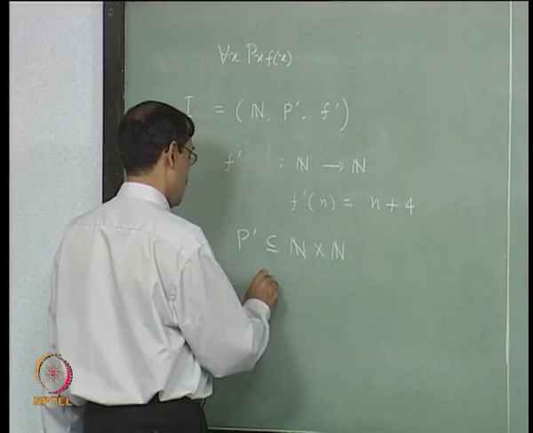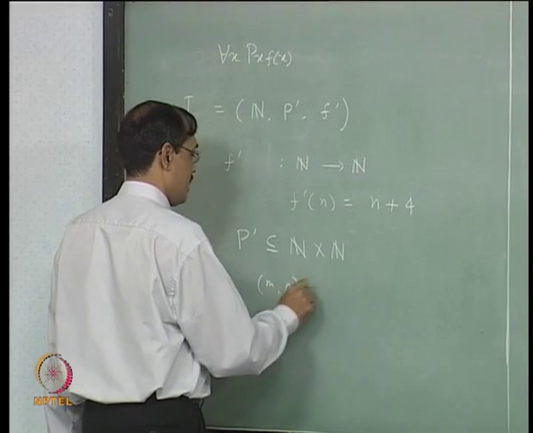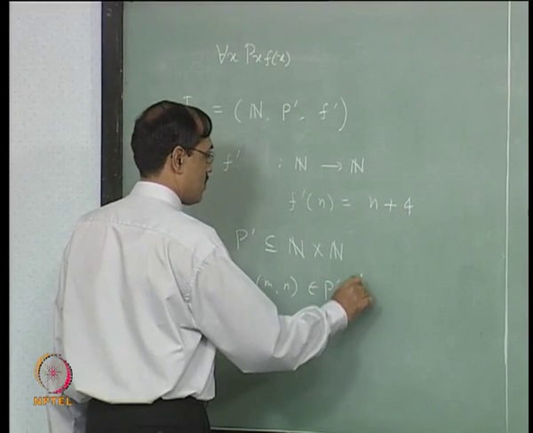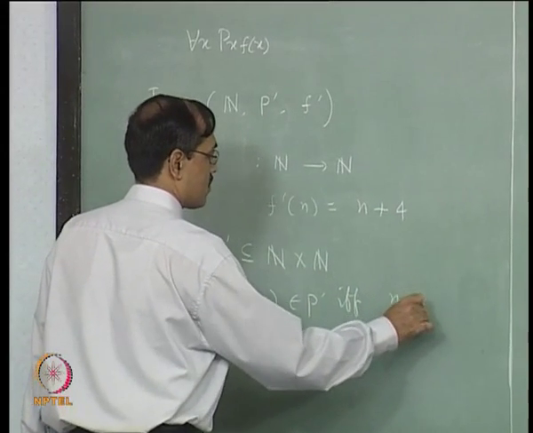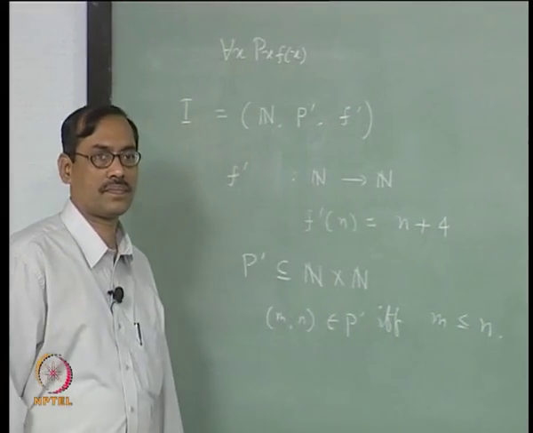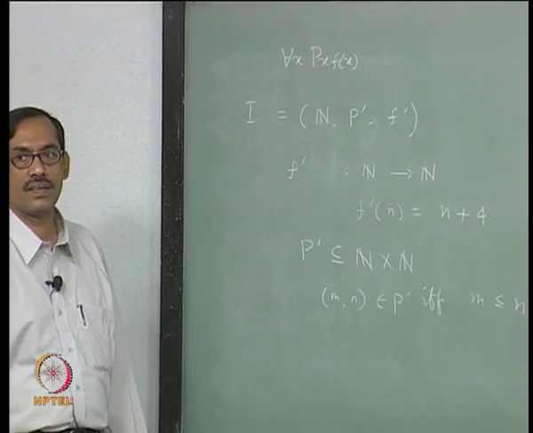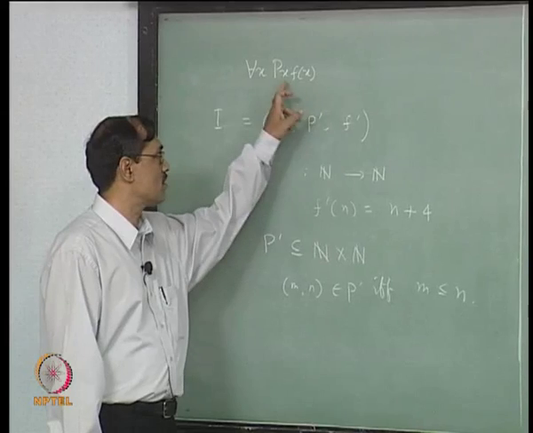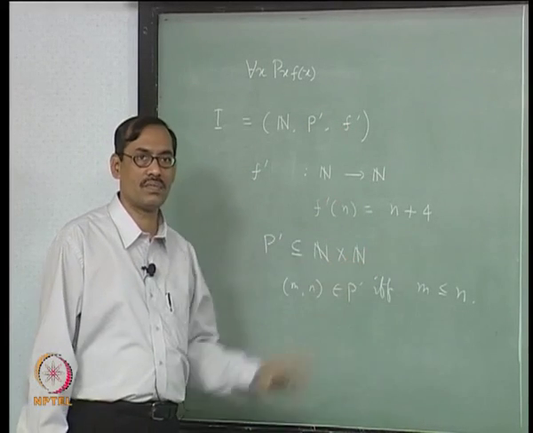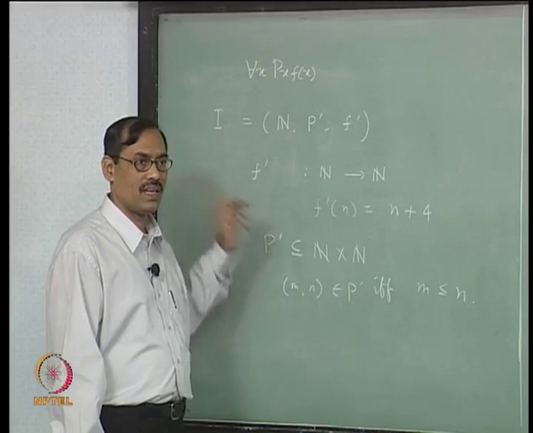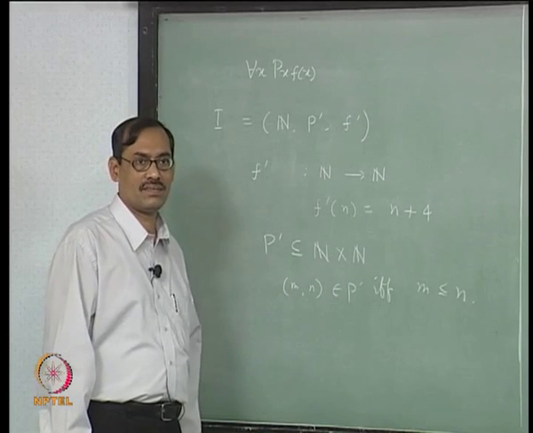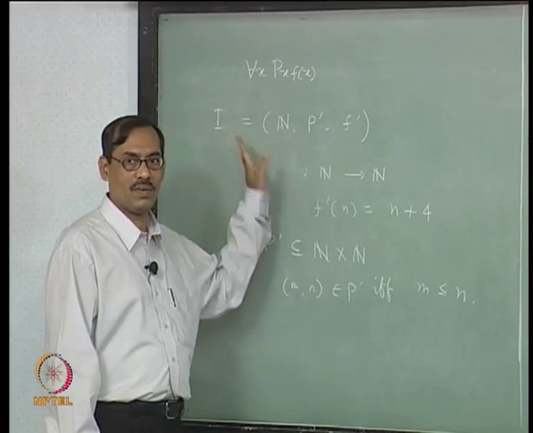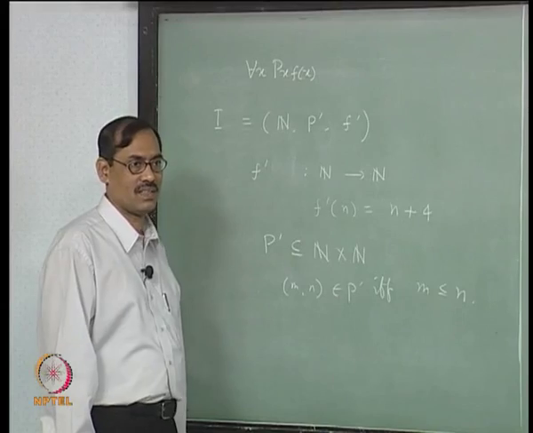So, we say (m, n) belongs to p prime if and only if m is less than or equal to n, fine. So, this defines phi of f, which is n plus 4, and phi of p, which is less than or equal to. Okay. Formally we have to write so much, but this is what it says.